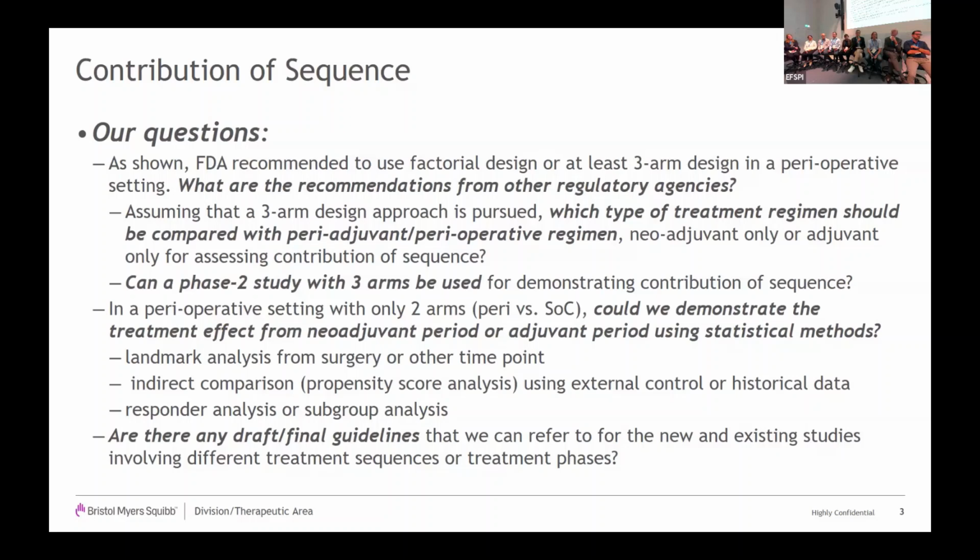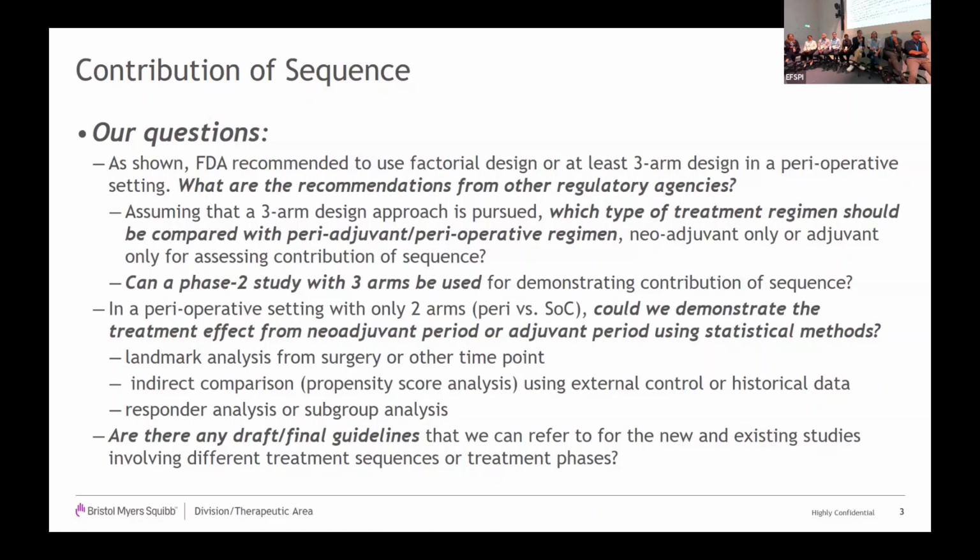I don't really see how we could do it in a 2-arm trial to establish relevant information, especially on the contribution of your adjuvant phase. For the neoadjuvant phase, I do understand that during surgery you can assess how successful this treatment phase was, but then it's difficult to understand what the added benefit is, because we have a differently pre-treated population. And so we don't know what is carried over from the success of the surgery and what is from the adjuvant phase.